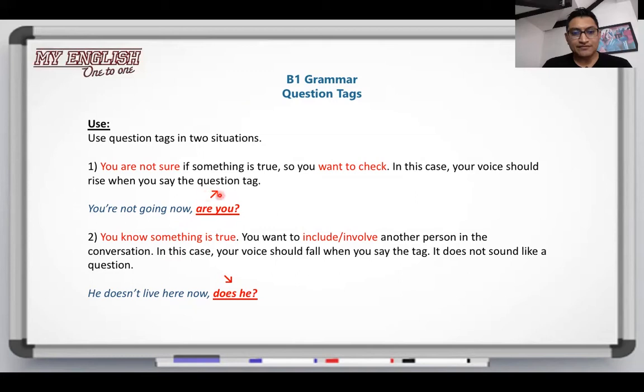In the first example, the intonation goes up. Are you? You're not going now. Are you? So when you do the intonation up, that means you are not sure. But if you do the intonation down, like he doesn't live here, does he? That means you want to include or involve another person in the conversation. Just you want to create a conversation. Well, let's continue.